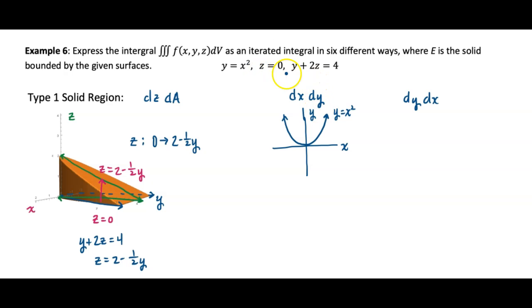Now I know that I have y plus 2z equals 4. So where is the y value the largest? Well, the y value is largest when z is 0, so this thing tops off, with an upper bound of y equals 4. So this is my y equals x squared, this is my line y equals 4, and I've got the same thing over here: my parabola, and y equals 4.